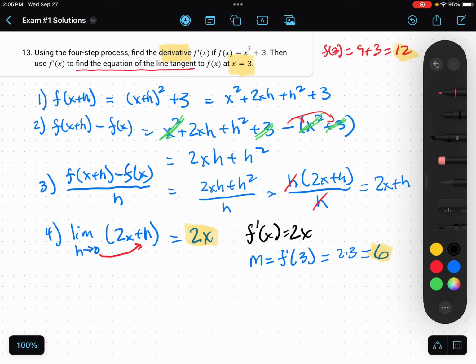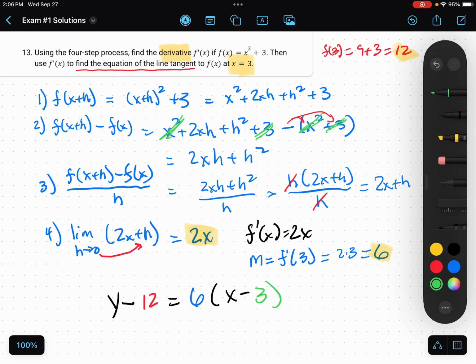So now I will use my point slope form to finish this off. The equation of the tangent line is y minus, my y1 number is 12, equals my slope, which is 6, times x minus the number that I was originally given, which is 3.